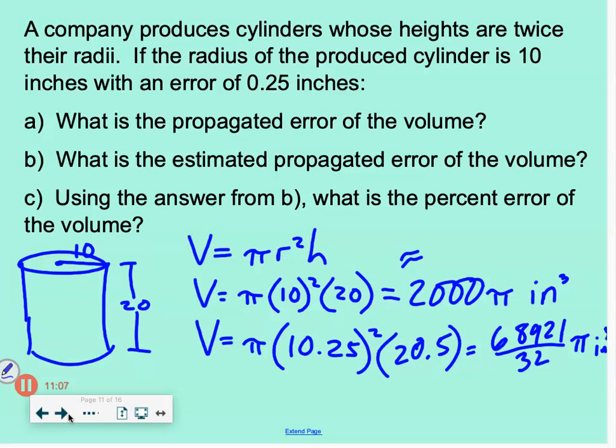I'm going to convert these to decimals though. For this I get 6766.3-ish, and for the other one I get 6283.19-ish.